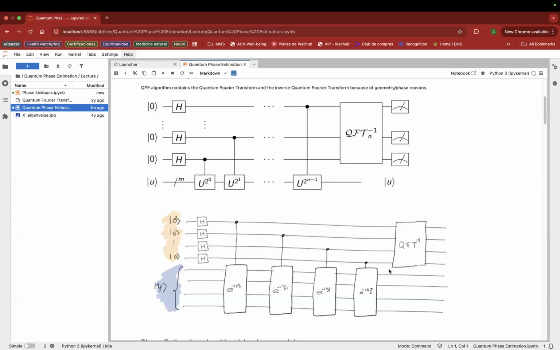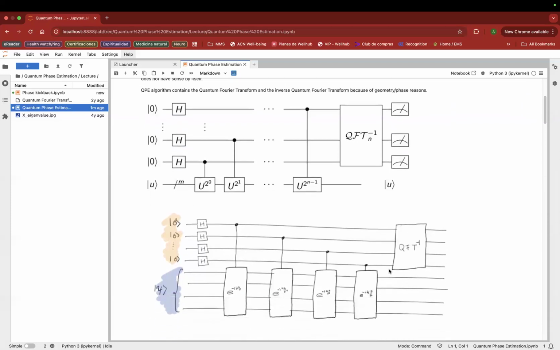Okay, then to summarize, the quantum phase estimation algorithm allows you to extract, through the phase kickback effect, the phase of the eigenvalue of the desired eigenvector of a certain operator.